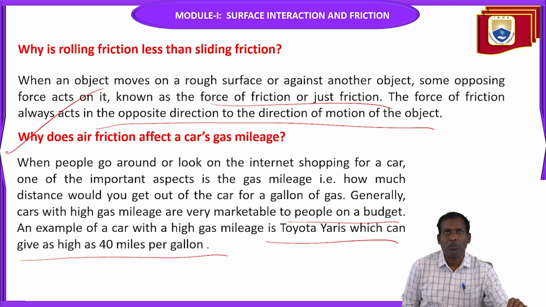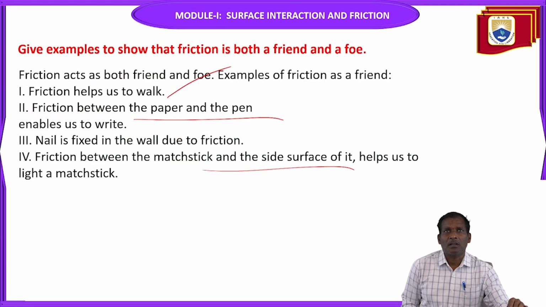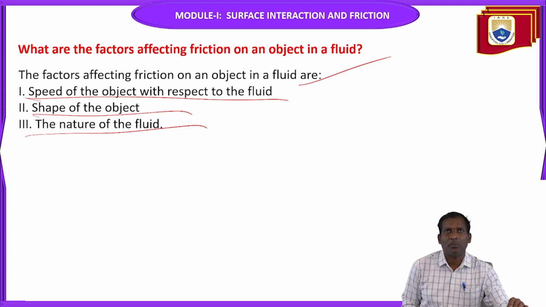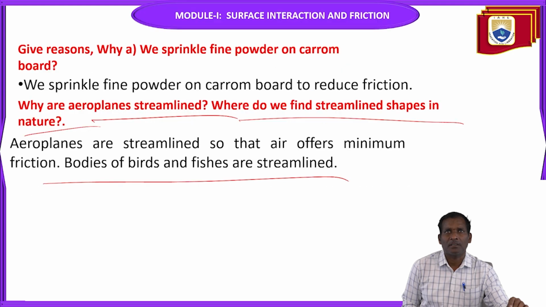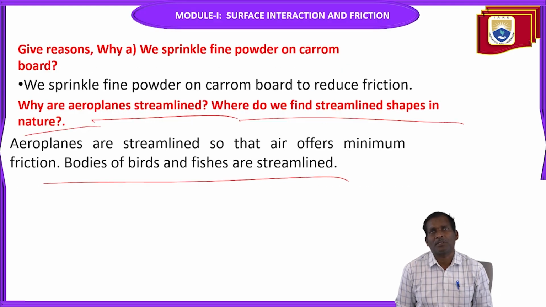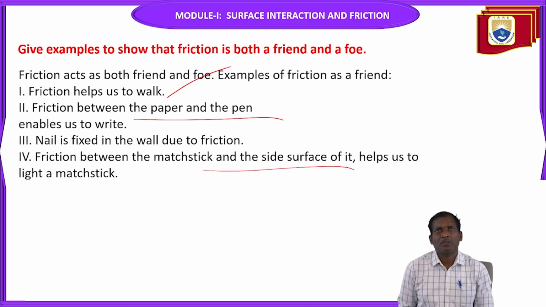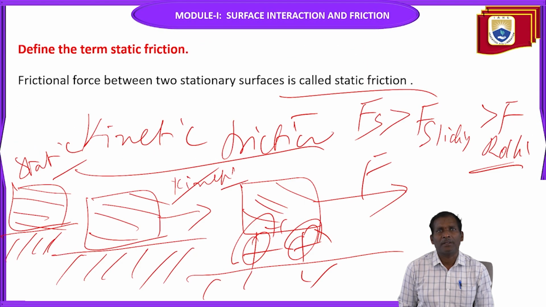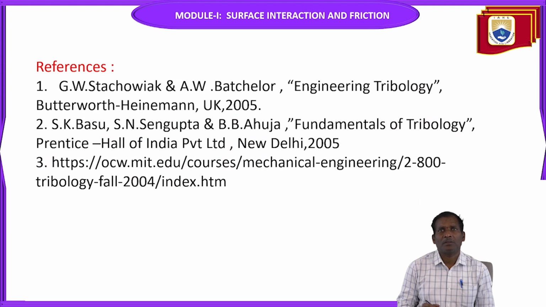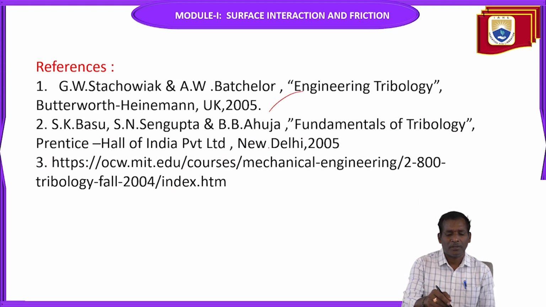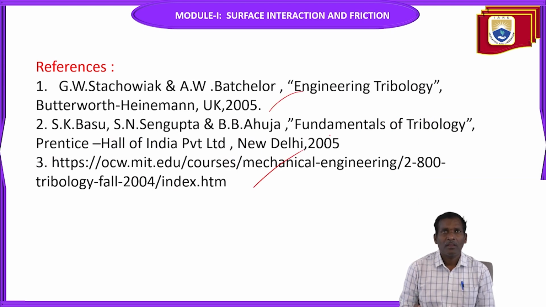Very important. In this session, we have discussed friction and selective topics related to surface interaction and friction. These are the references I have taken. You can take any textbook and refer to it for more information.